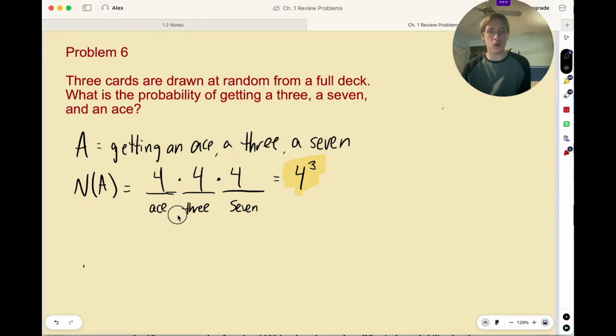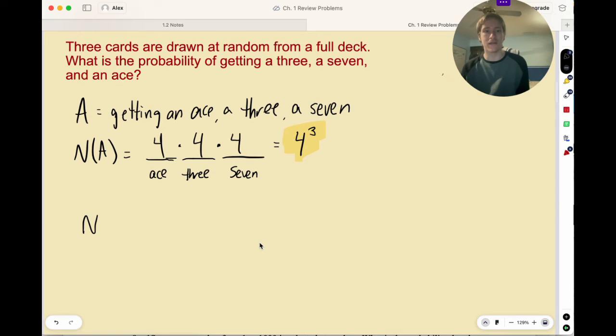Now, how many total outcomes are there? Well, what is the trial? What is the experiment? The experiment is drawing 3 cards from a full deck. So how many ways are there to draw 3 cards out of 52? Well, by definition, that is 52 choose 3, which we can simplify in this case since we have actual numbers as 52 factorial divided by 3 factorial times 52 minus 3 factorial.